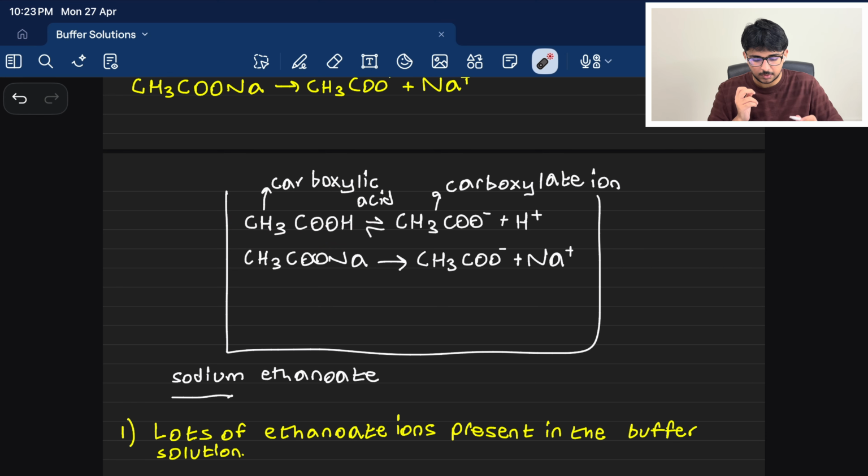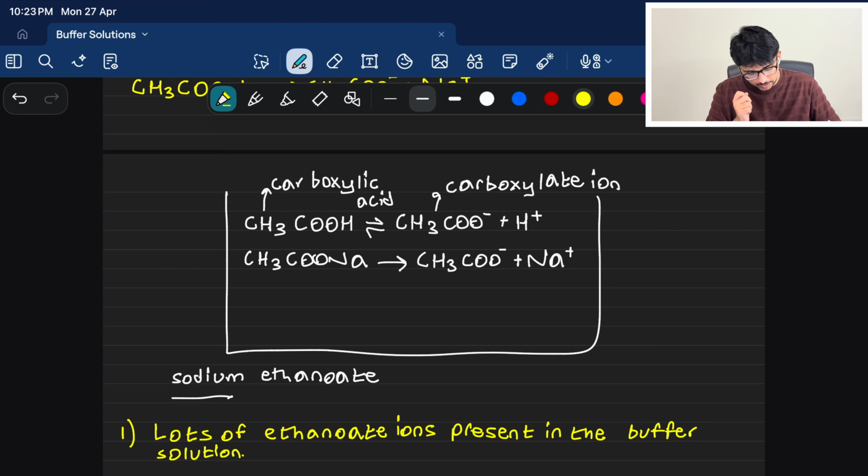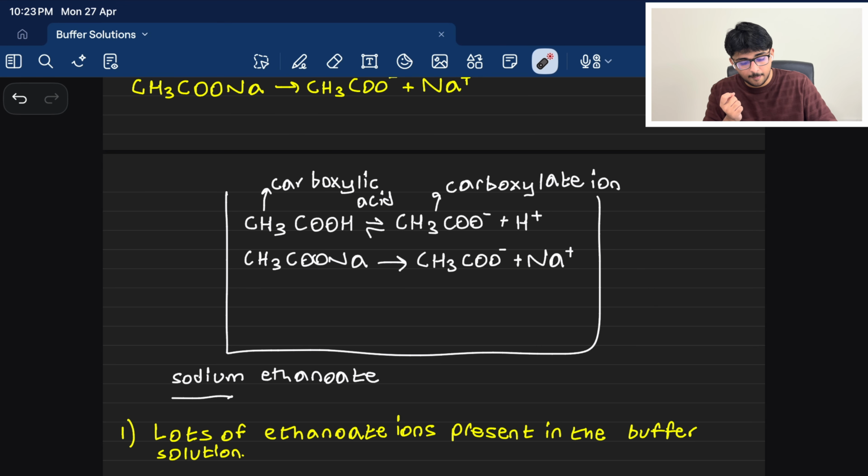Now, some students ask me this, why is this unionized? As in, why do we write mainly unionized or majority of ethanoic acid molecules are unionized? It's because, remember, partial dissociation takes place.